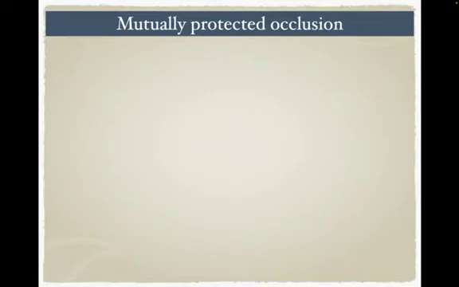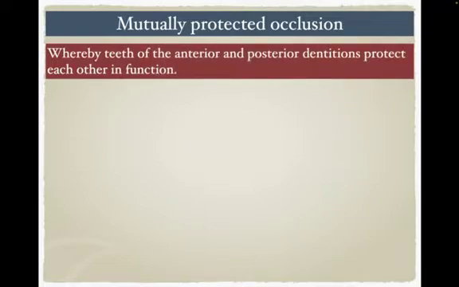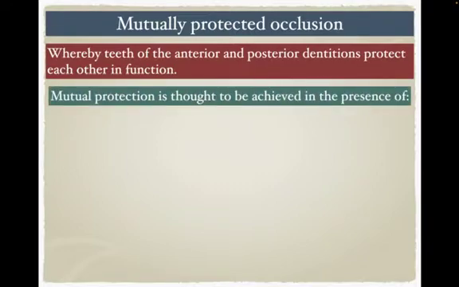So what is the mutually protected occlusion that is suggested by Roth? It means that the anterior and the posterior teeth protect each other in function. So it's mutual protection: the anterior teeth protect the posterior teeth, and the posterior teeth protect the anterior teeth. However, how is a mutually protected occlusion achieved?